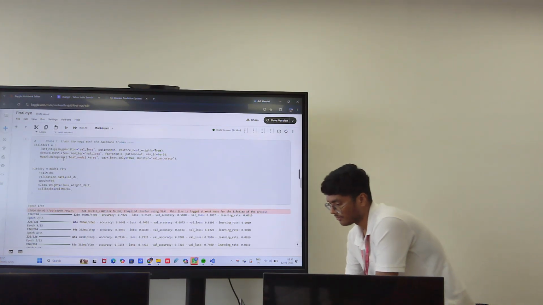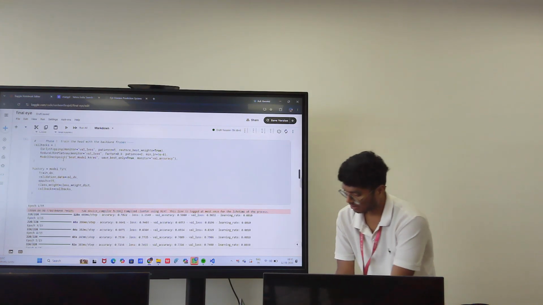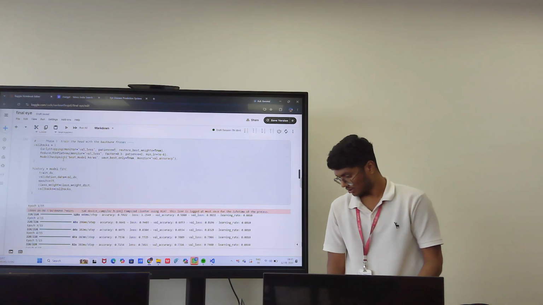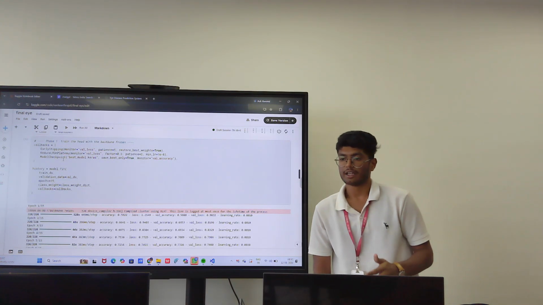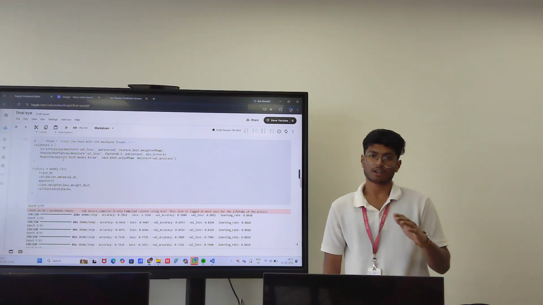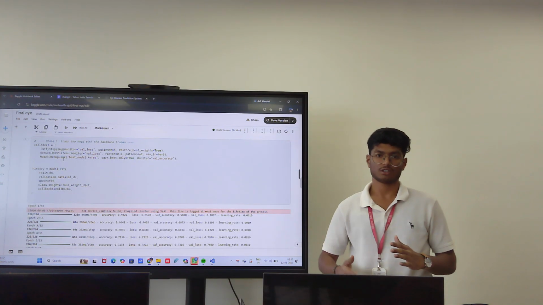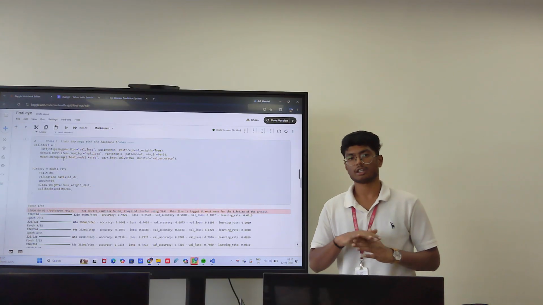And the callbacks: the early stopping callback is used when the model hits a patience of 5. After 5 attempts, if the model does not improve its accuracy or validation accuracy, it automatically stops.